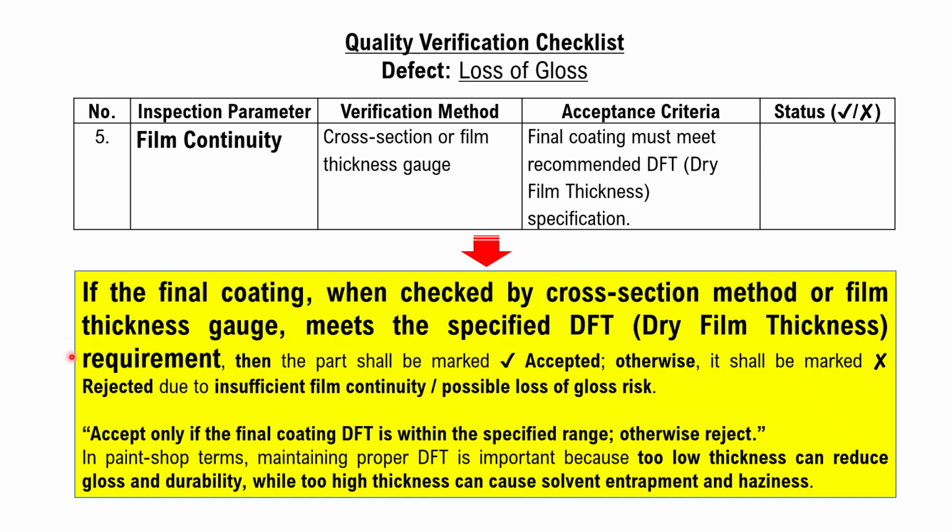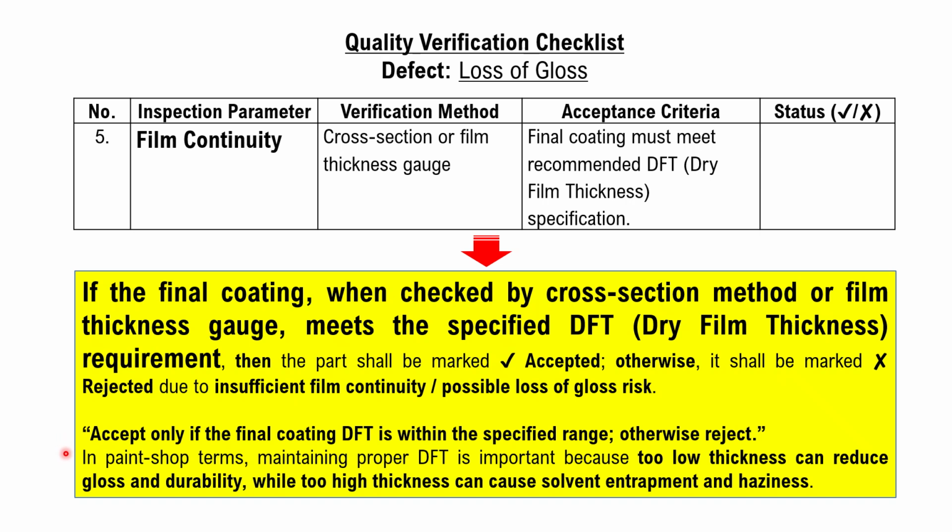Otherwise, it shall be marked as rejected due to insufficient film continuity and a possible loss of gloss risk. Accept only if the final coating dry film thickness is within the specified range, otherwise reject.